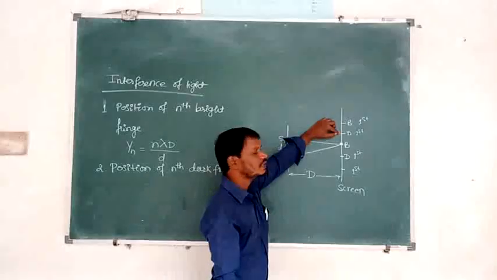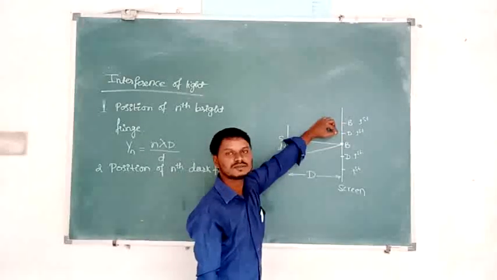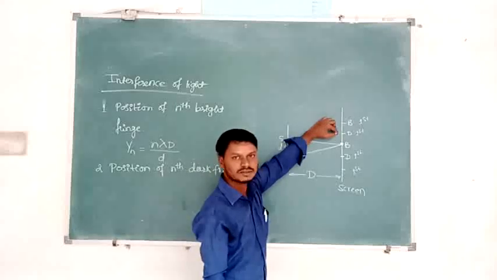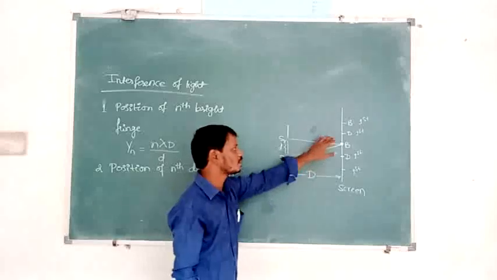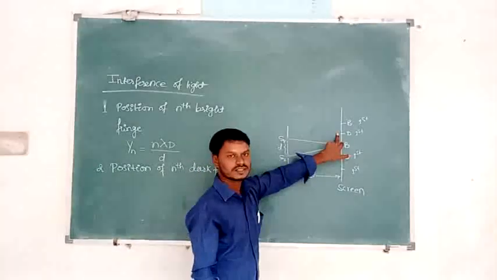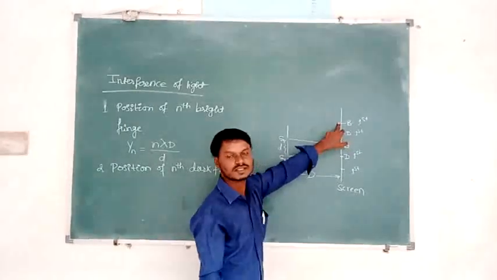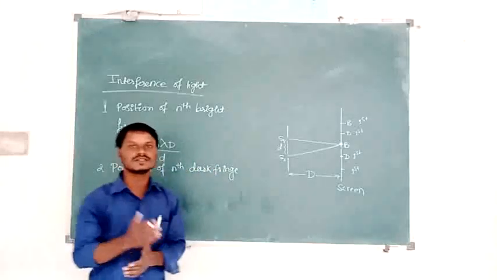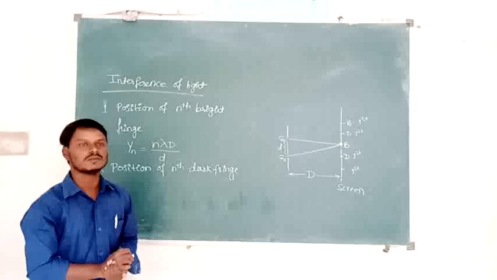Here the waves meet out of phase. Out of phase means the path difference is (2n minus 1) lambda by 2, and the phase difference is (2n minus 1) pi. That is why the dark fringe will be formed. Here destructive interference, here constructive interference. Due to constructive interference, a bright fringe will be formed, and due to destructive interference, a dark fringe will be formed.